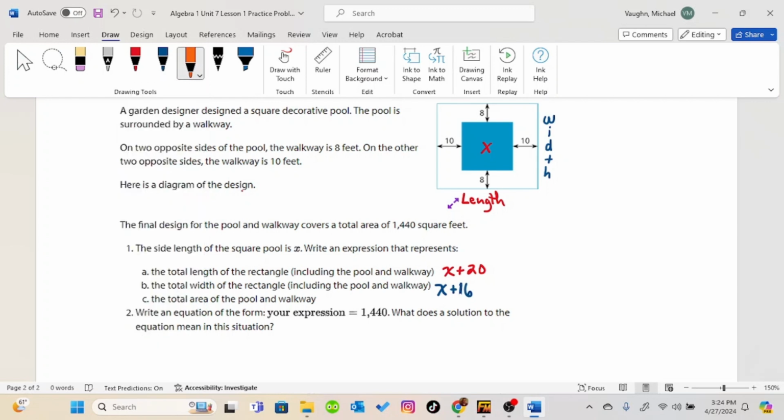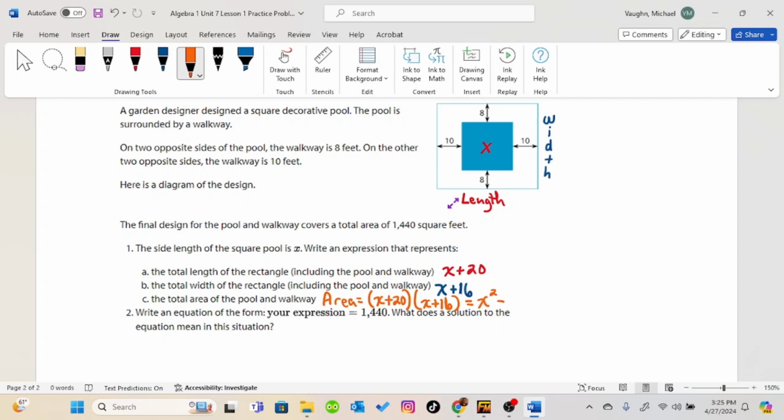C wants the total area of the pool and the walkway. Well, the area of a rectangle is length, which is x plus 20, times the width, which is x plus 16. X times x is x squared.